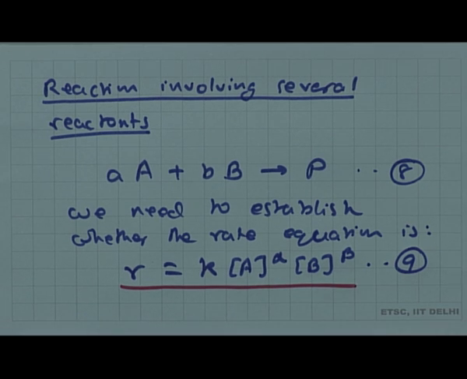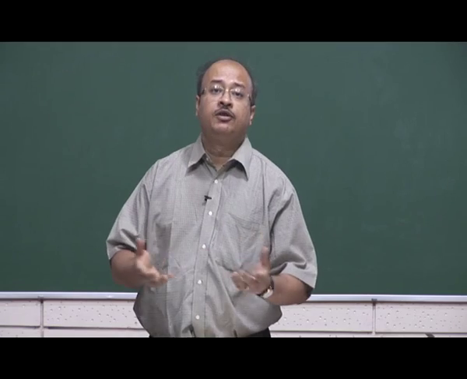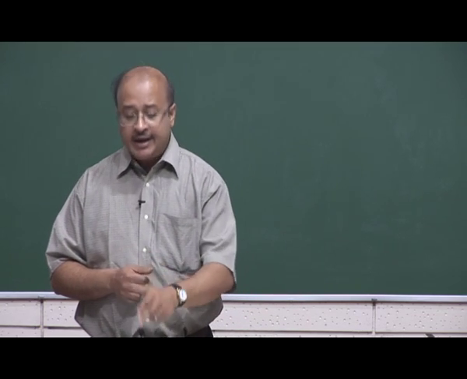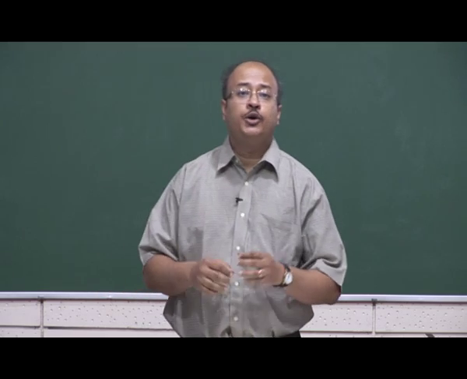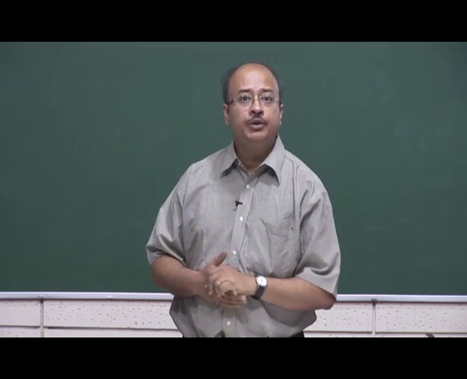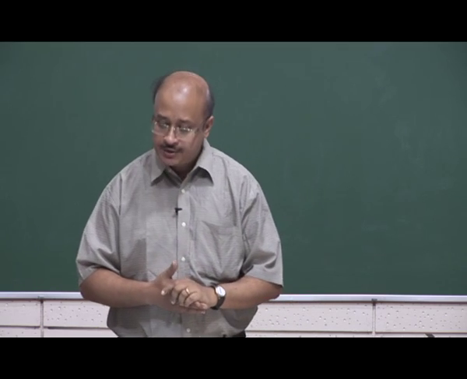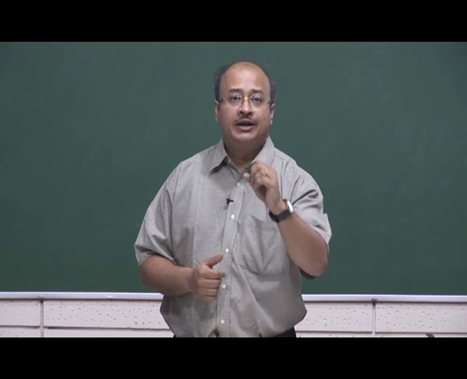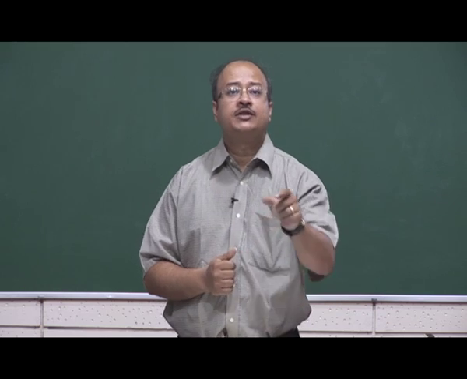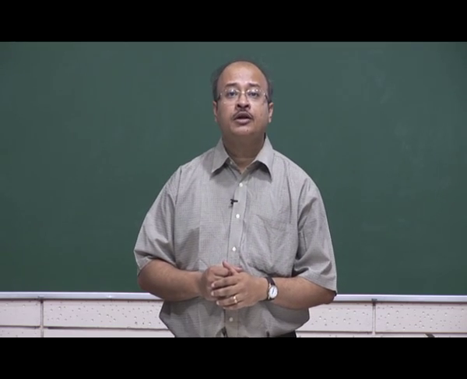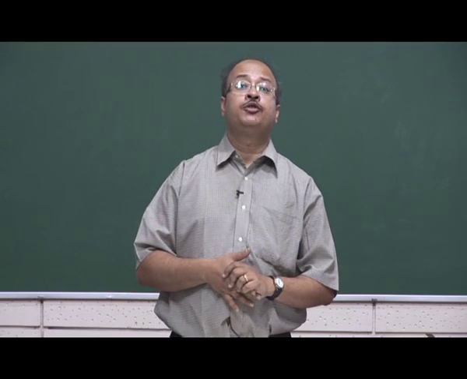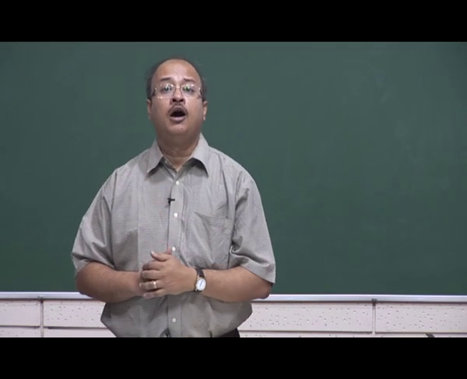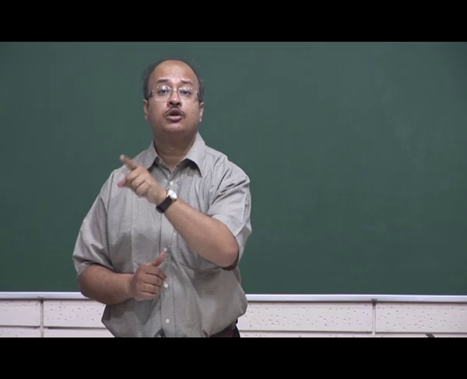First, this is a reaction involving more than one reactant, A and B, with corresponding stoichiometric coefficients small a and small b, going to products P. Now, how can we establish whether the rate equation is K times concentration of A to the power alpha times B to the power beta, where alpha and beta are the orders with respect to those reactants?